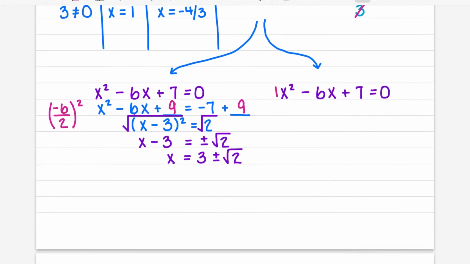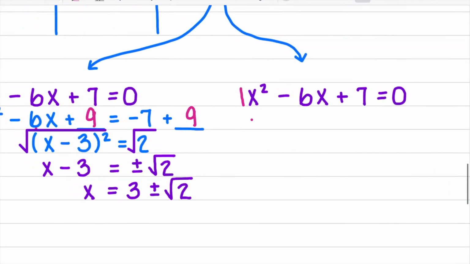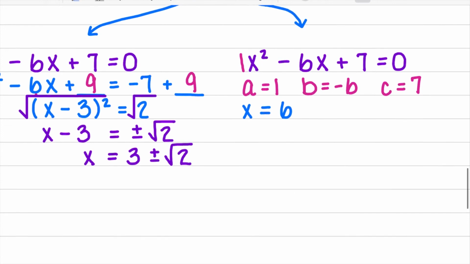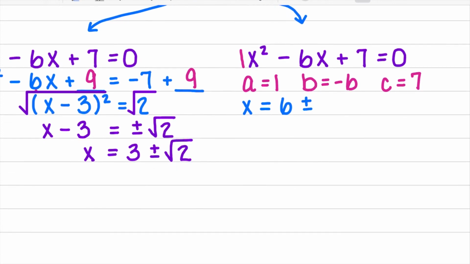So a is just the coefficient of x squared, so it's 1. B is the coefficient of x, so it's negative 6. And c is the constant, so it's 7. Okay, and then the formula is just x equals negative b, so in this case it would become a positive 6, plus or minus the square root of b squared.